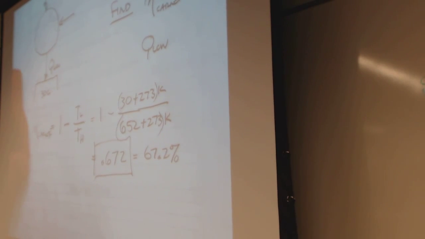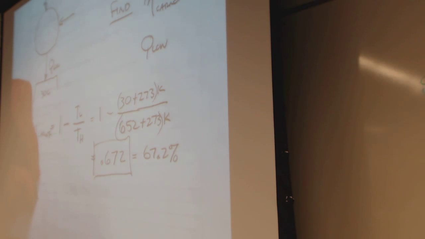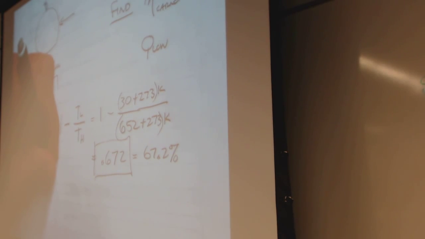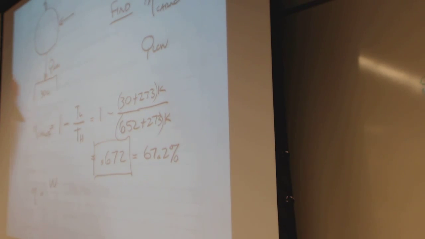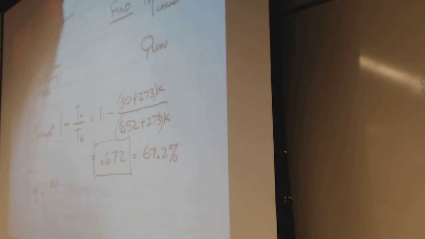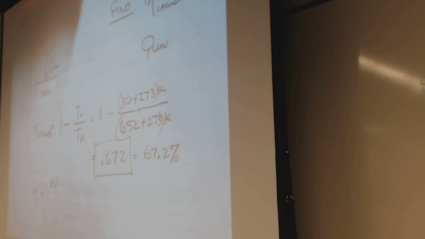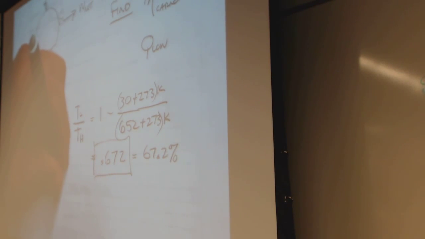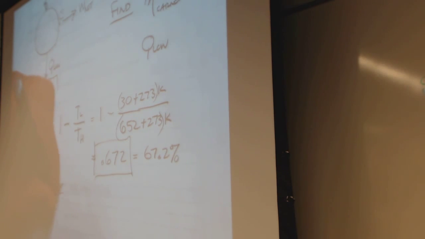What does that mean? That means my efficiency is, what we wanted was the work. Oops, I got my arrow wrong. The net work coming out of the system over Q in, or call it Q from the high side.